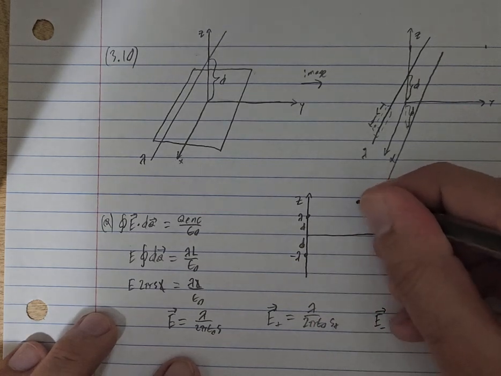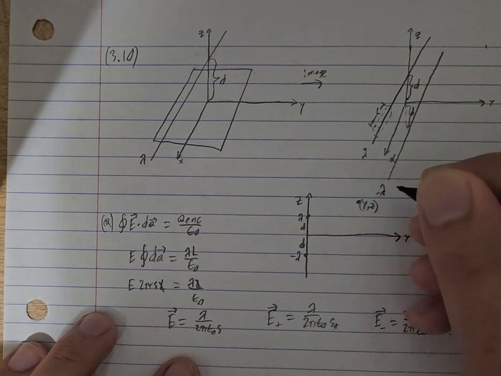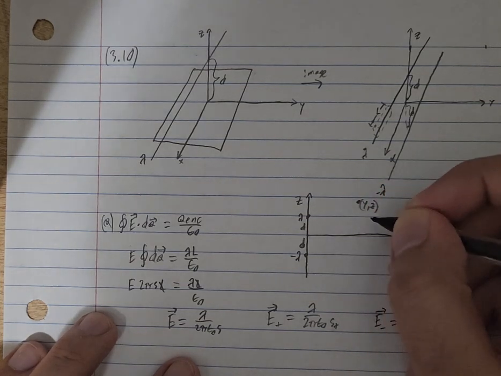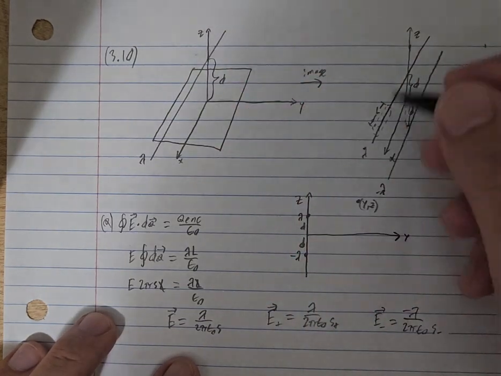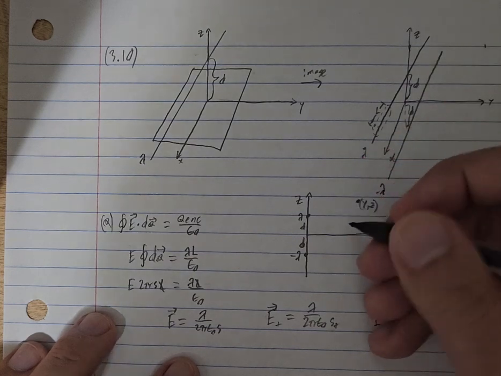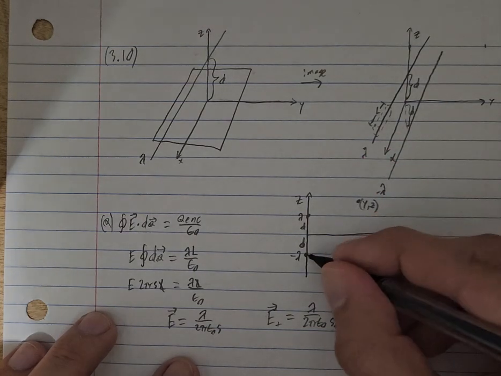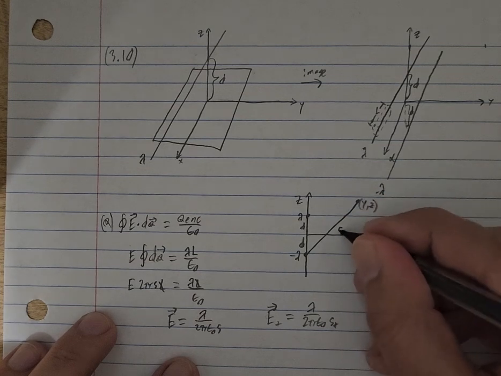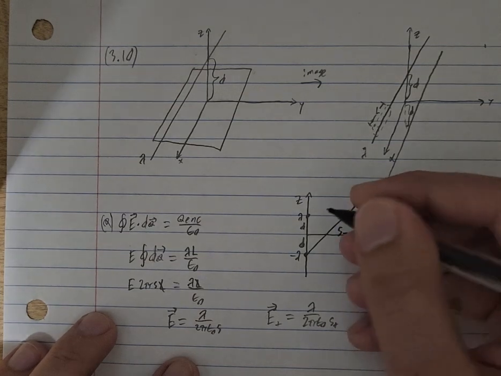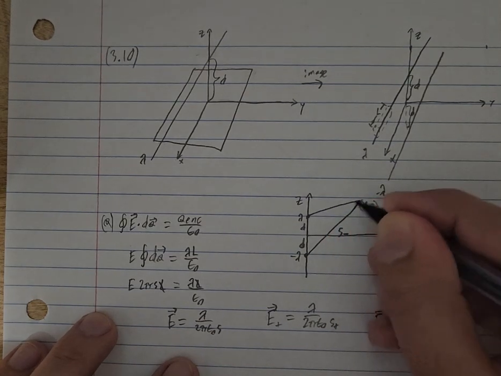When we are trying to find an arbitrary point y, z on the yz plane, because both of these are parallel to the x-axis, we know that this is going to be s minus, and this is going to be s plus.